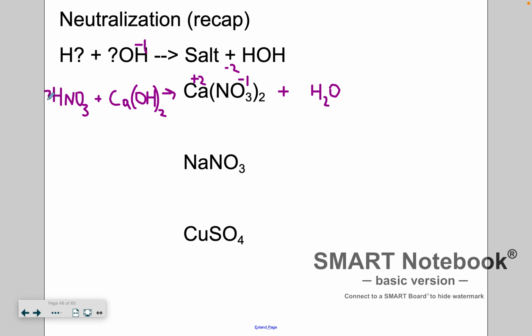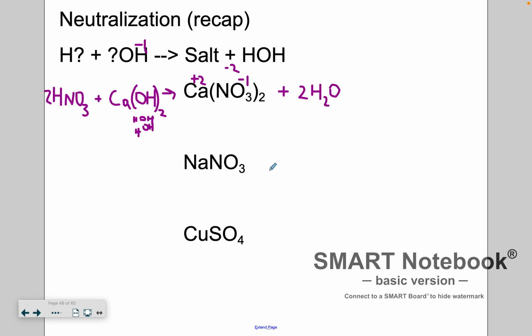I'm just going to stick a 2 here. Now I have 2 OHs, and in neutralizations, they combine with hydrogen. How many water molecules am I going to have? I'm going to have 2. So I'm going to come back over and put a 2 here. There. 2HNO3 plus Ca(OH)2 produces Ca(NO3)2 plus 2H2O.